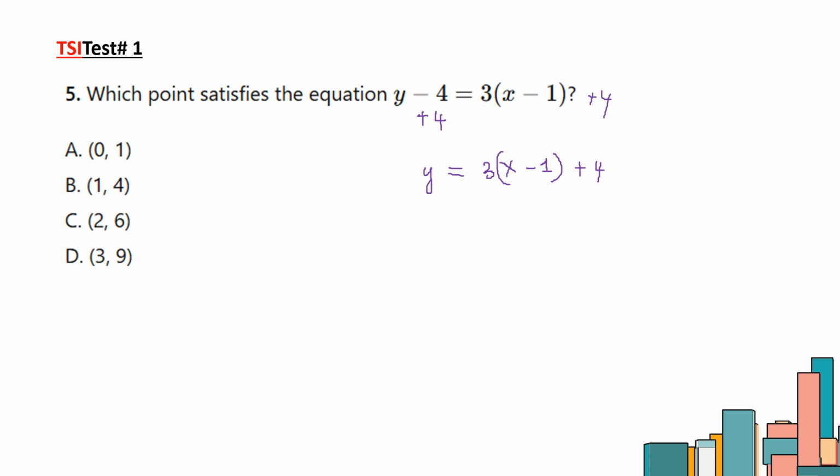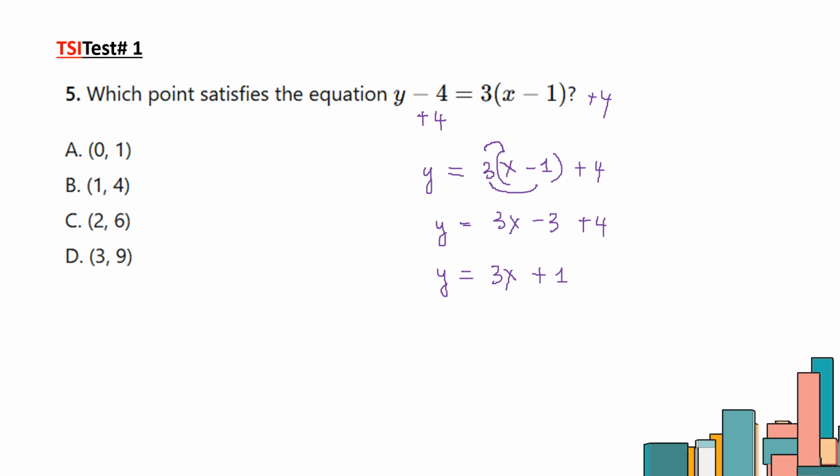I can just simplify it first. 3 times x is 3x. 3 times negative 1 is negative 3. Add 4, and that will be y equals 3x plus 1.